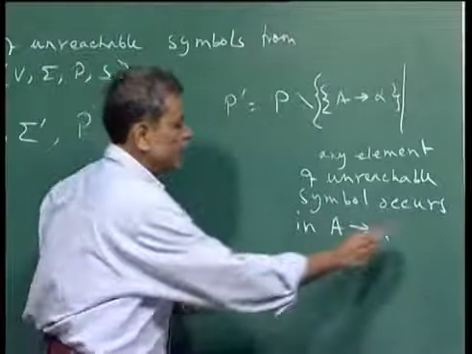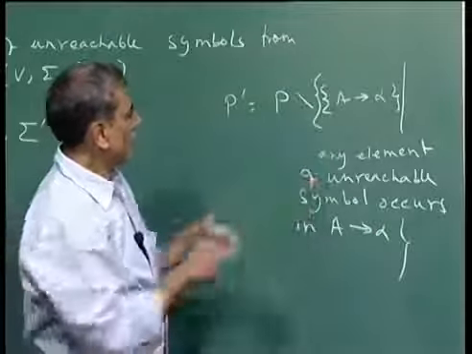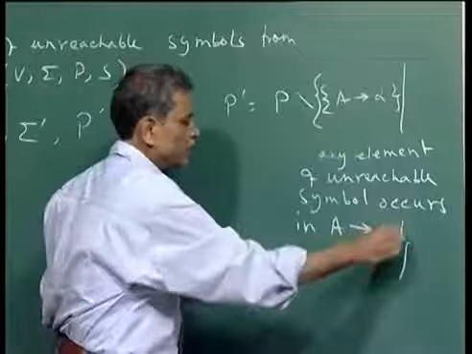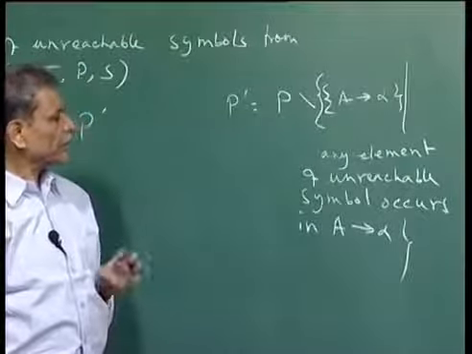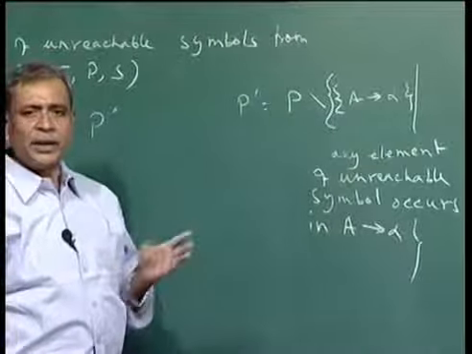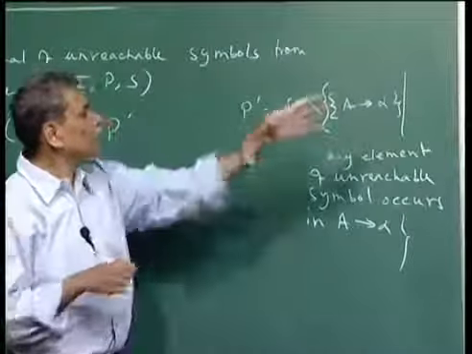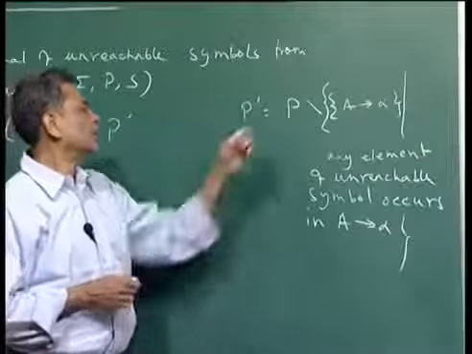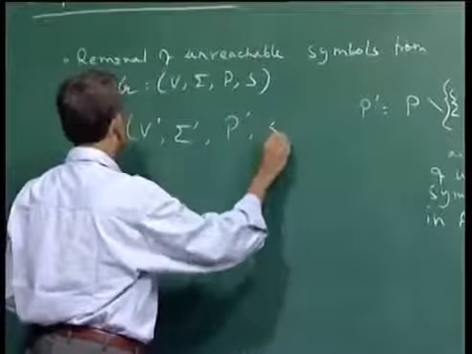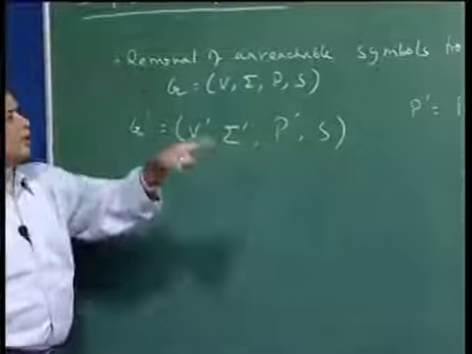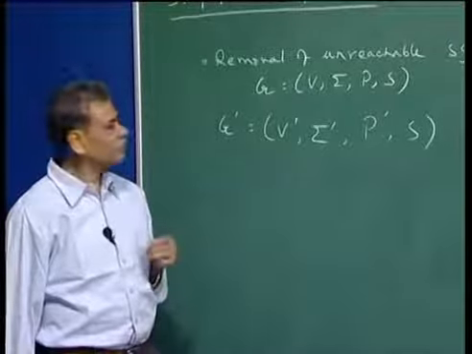So, this is the set of all productions where some unreachable symbol occurs. All those productions I remove from P to get P dash, right. And S can never go out because S of course is itself always reachable from itself, right.